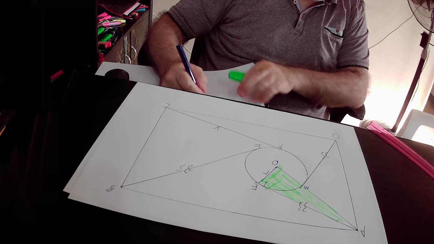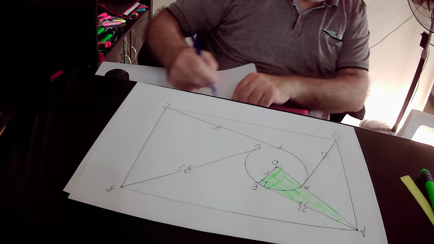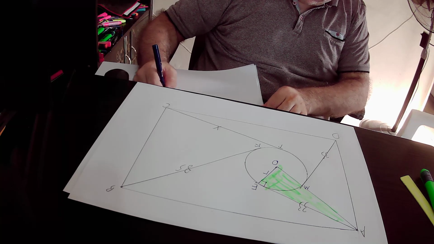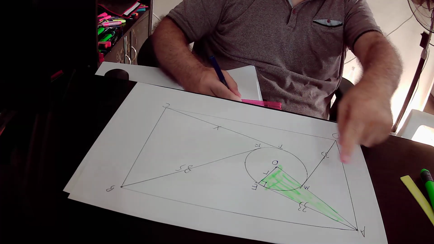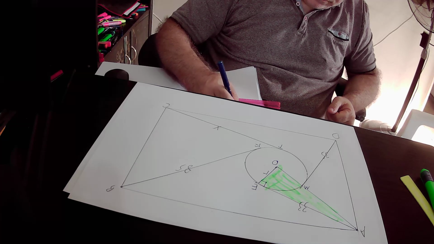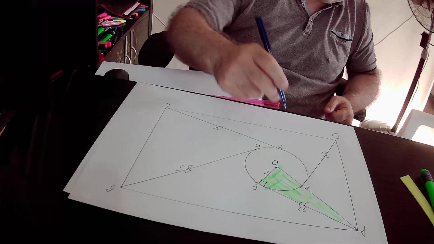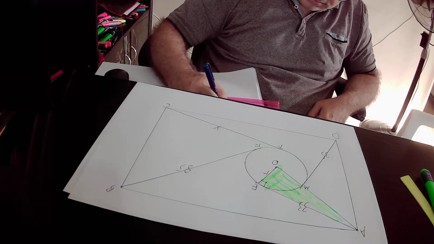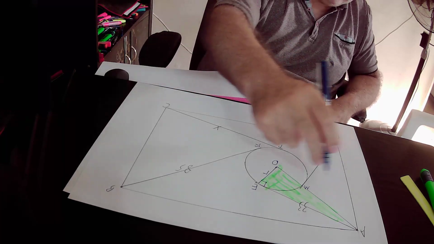The hypotenuse is AO, therefore the square of the hypotenuse is AO squared, and it must be equal to the sum of the squares of the perpendicular sides, that is to say, OE squared plus AE squared.